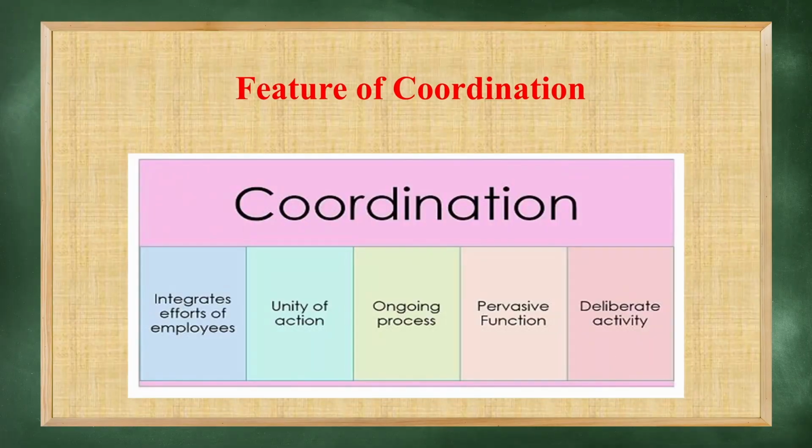Next one is features of coordination. It contains 5 side headings. Number 1 is integrates efforts of the employees. Actually, each and every employee has certain goals in an organization. They have personal goals, and once the personal goals have been satisfied, the organizational goals are also achieved through them.